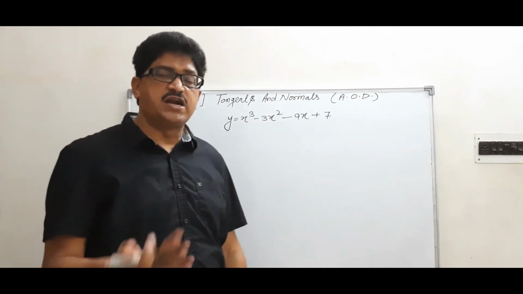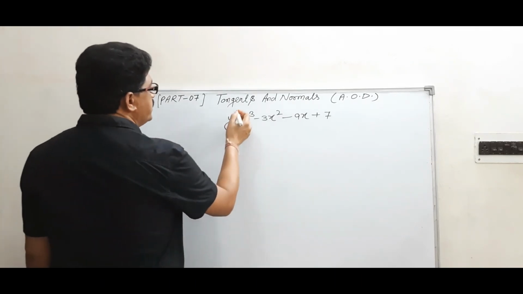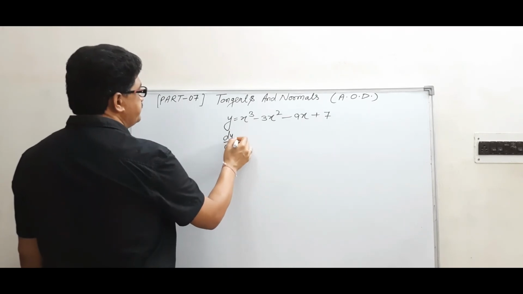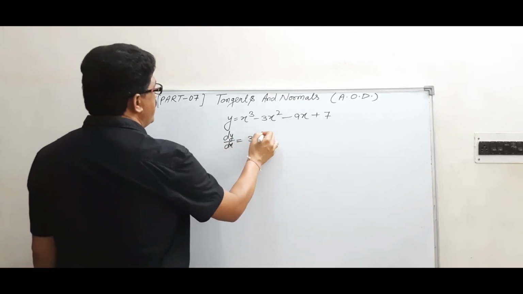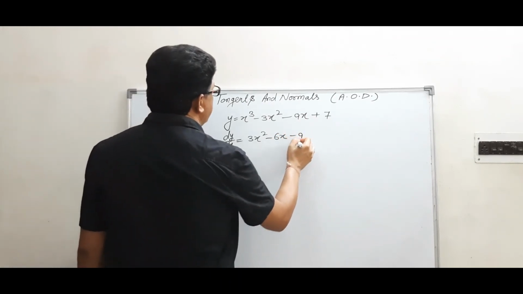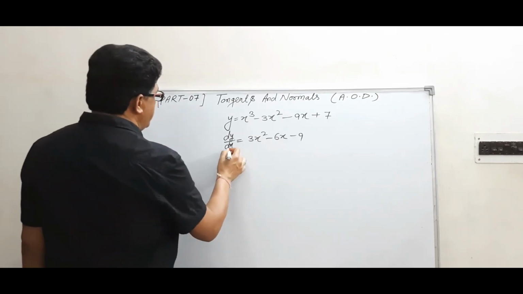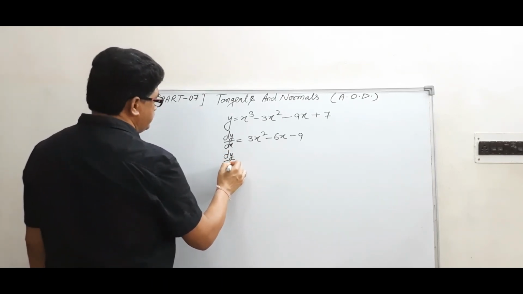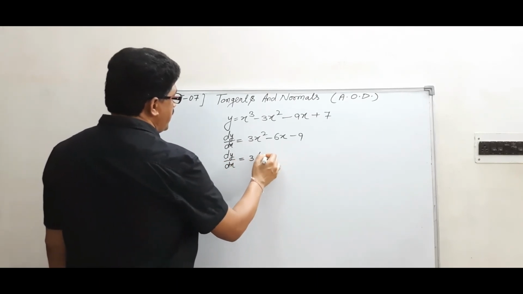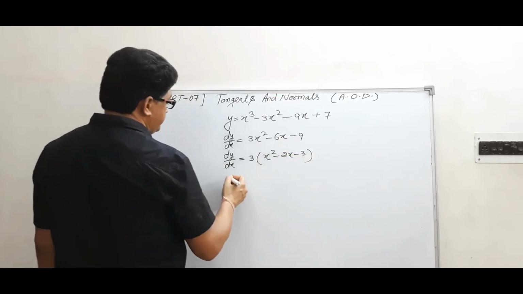If the tangent is parallel to the x-axis, dy by dx is equal to 0. So first of all, we will find dy by dx: 3x square minus 6x minus 9, which is 3 common, x square minus 2x minus 3.